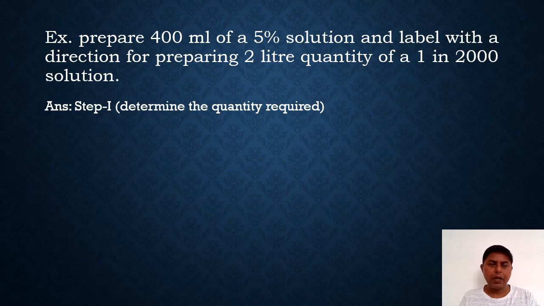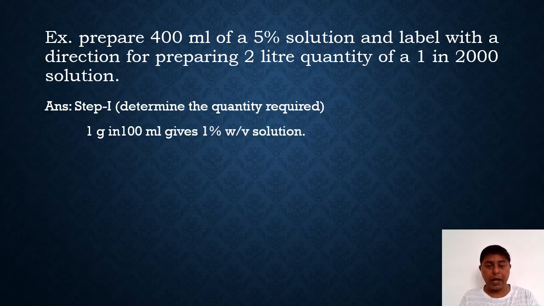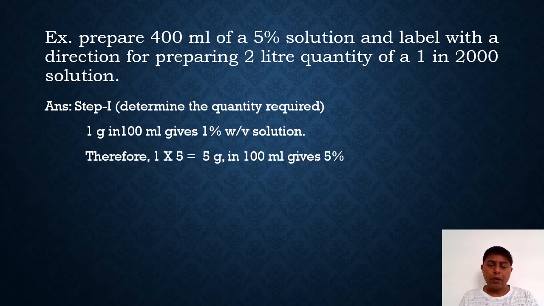The first step is to determine the quantity required to get 400 ml of 5% solution. We know that 1 gram in 100 ml gives 1% W by V solution, which we saw earlier in the video. Therefore, 1 into 5, that is 5 gram in 100 ml, gives 5% W by V solution.